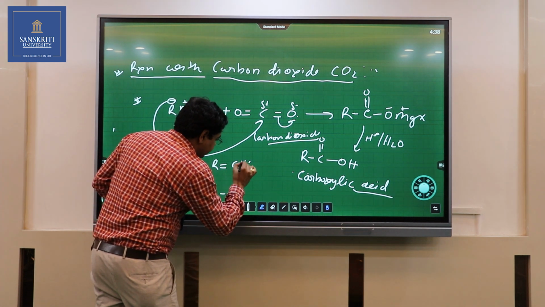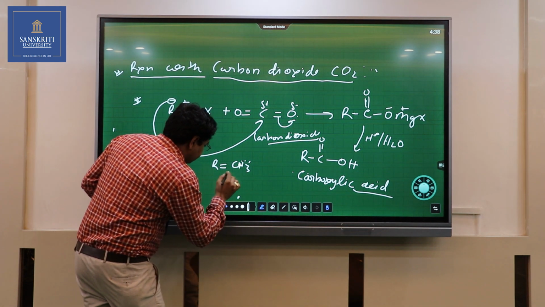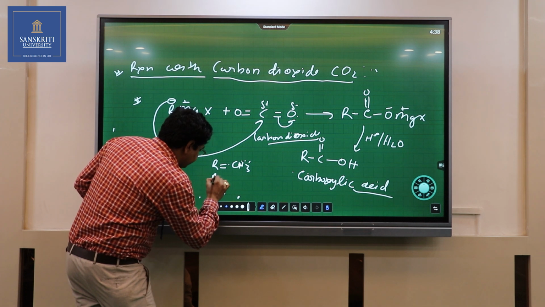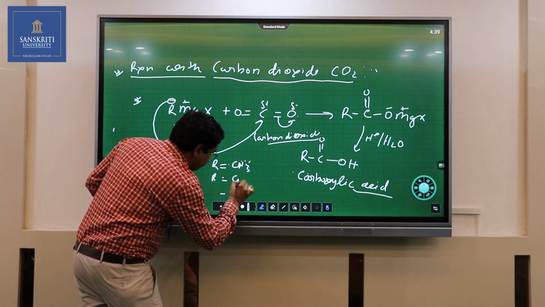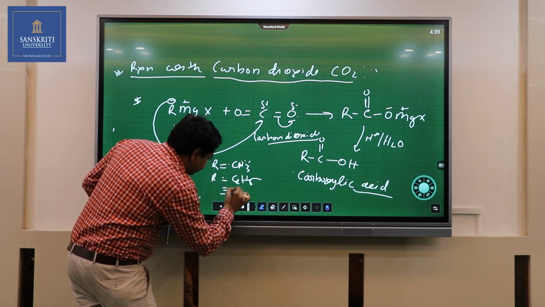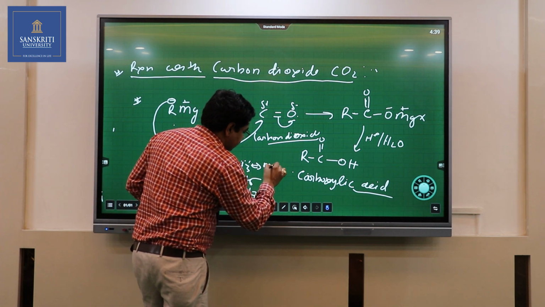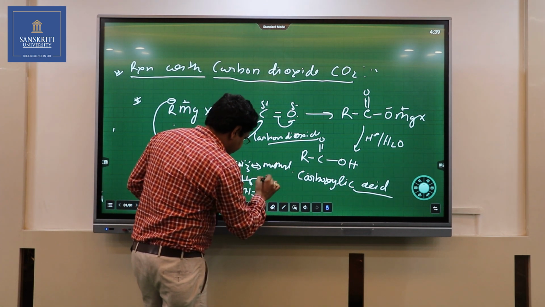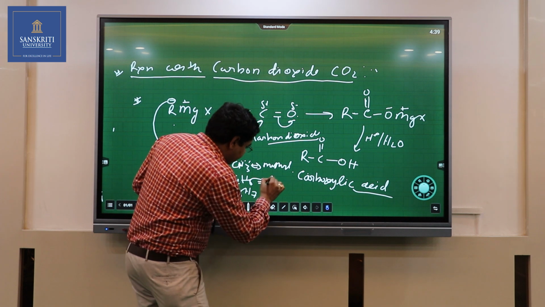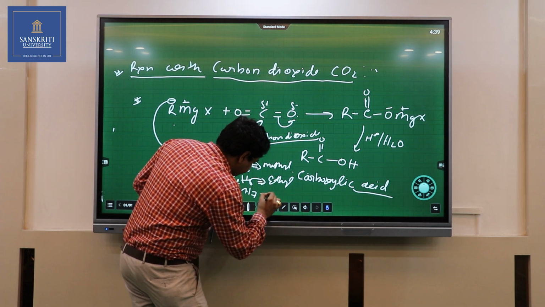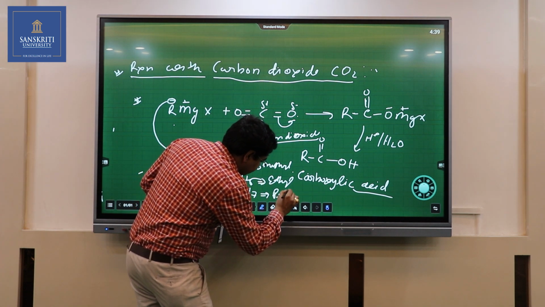Here R may be CH3, a methyl group, maybe C2H5, the ethyl group, or C3H7, the propyl group.